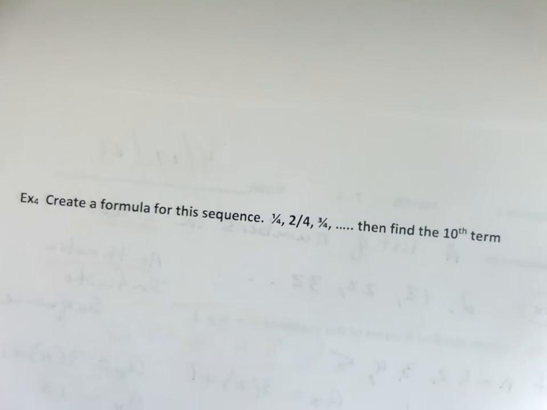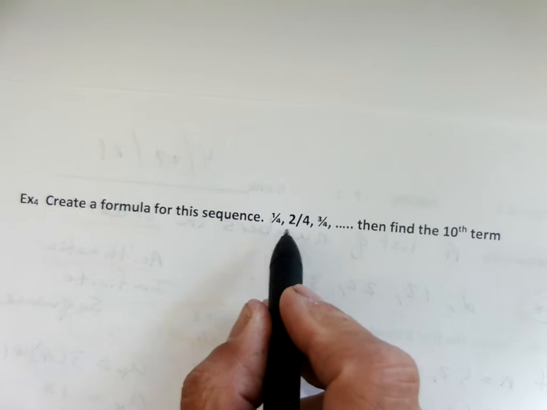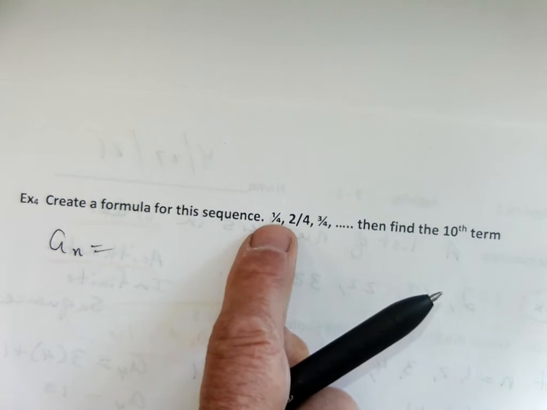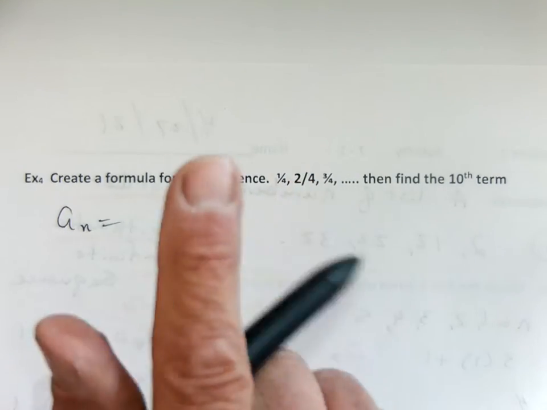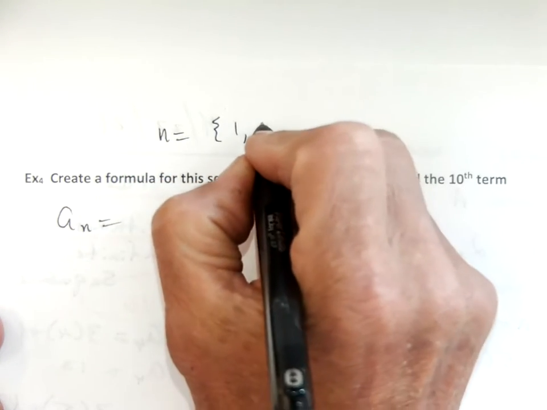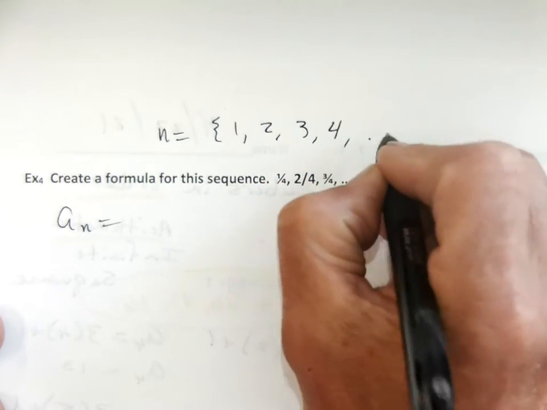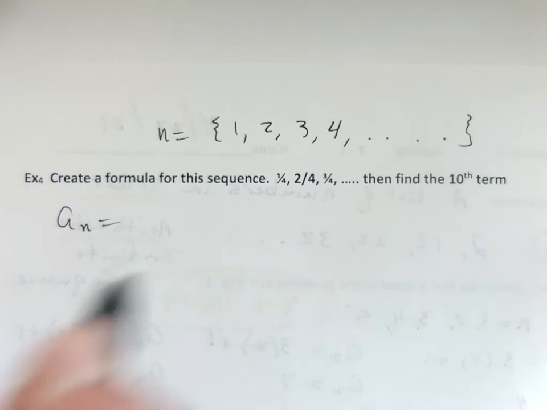Okay, now, create a formula for this sequence: 1/4, 2/4, 3/4. So a of n equals, what do you think's going on? I'm going to help you. n is always these numbers. We are always going to plug in 1, 2, 3, 4, dot, dot, dot. n is always the set of natural numbers.